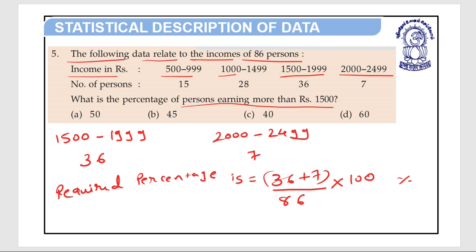So 43 by 86 into 100. 86 twos are 172, so it is 50 percentage. So option A, 50 percentage.